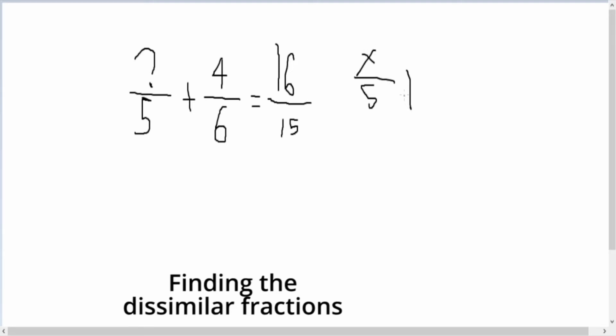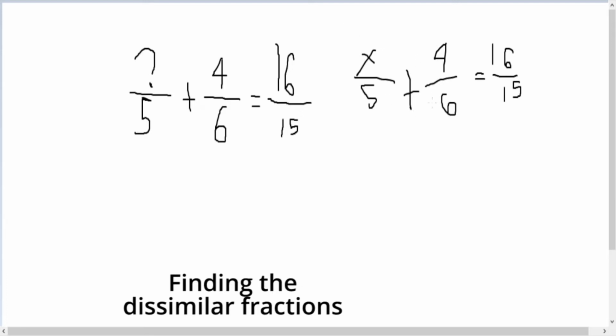You need to do this as well. Next is, now how are we gonna do this? Now we need to find the LCD, the denominator which is not similar to this fraction's denominator. Okay, so now you need to find the LCD.